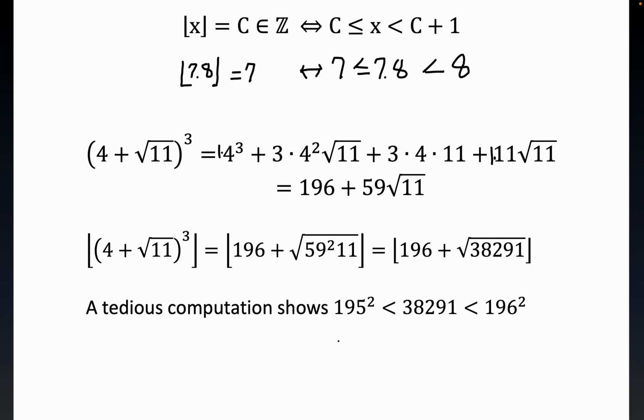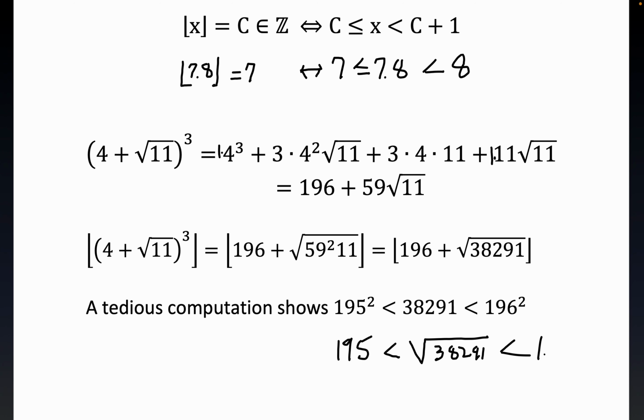If you square root both sides, you get 195 is strictly less than the square root of 38,291. I hope you see this is kind of neat. It's computationally burdensome, but it's really our only path to Rome if we're not using a calculator.